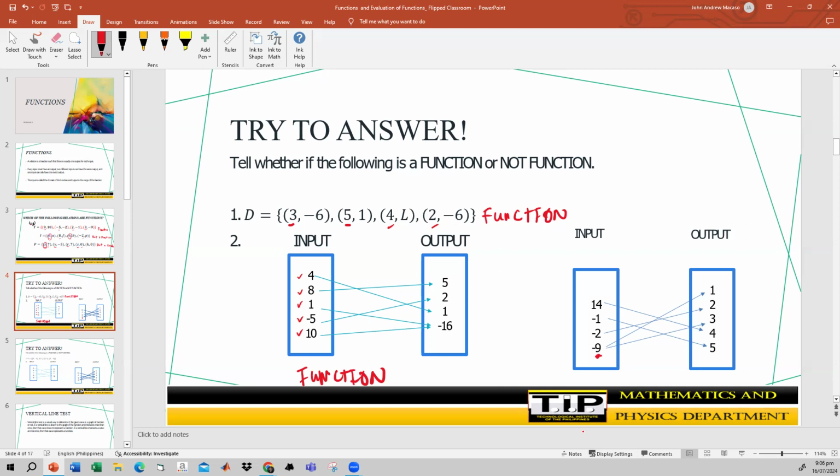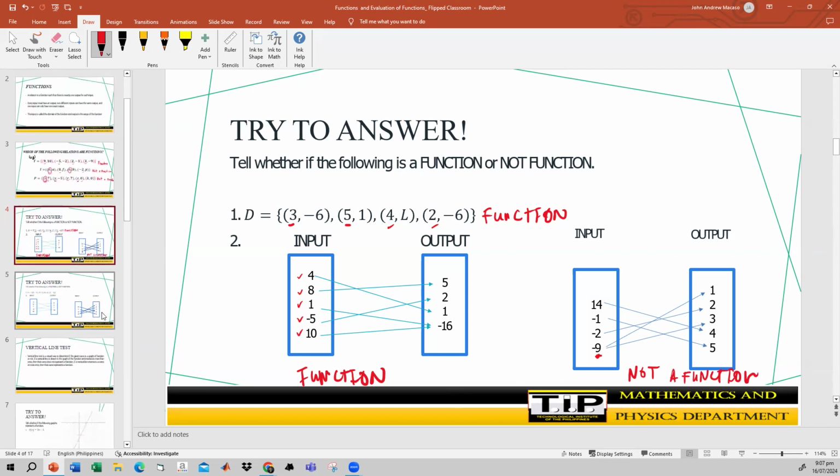So if one of the elements in X is being mapped to the output twice, then it means that this is not considered a function. So, not a function. Okay, so I hope we're all clear with this.